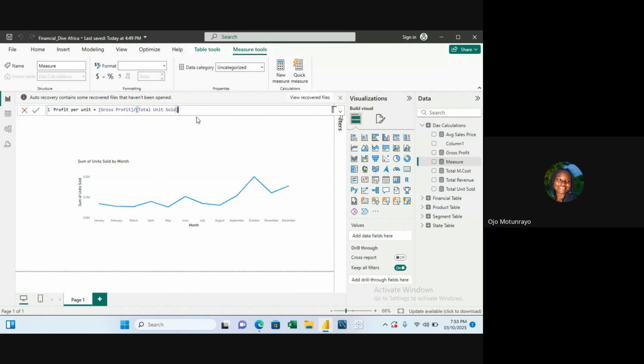I'm not sure of this, but let me just make use of it, so in case it's wrong, I can delete it from this side. Gross profit over total units.